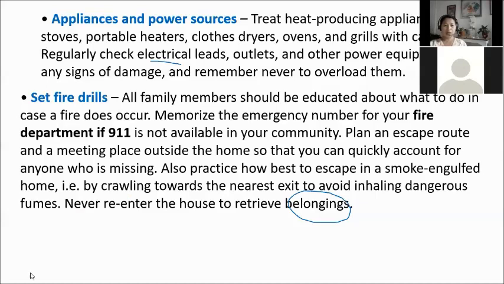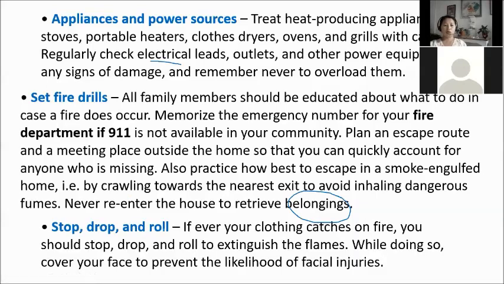Importante yung life, no? And stop, drop, and roll. If ever your clothing catches fire, you should stop, drop, and roll to extinguish the flames. While doing so, cover your face to prevent likelihood of facial injuries. Mahirap na kung matamaan yung mata.